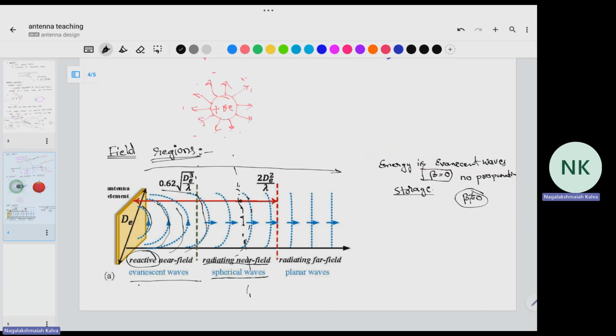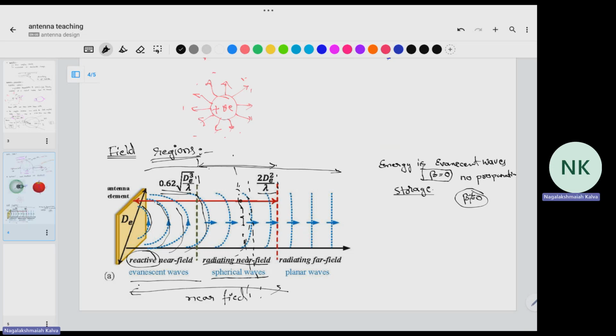Plane waves will have equal intensity on one plane. So if I draw a plane, the intensity of radiation has to be the same. So that region covers between these two points, where the end of the reactive near field comes and the start of the radiative far field starts. So between these two, you'll have the radiating near field. We call this entire thing the near field.